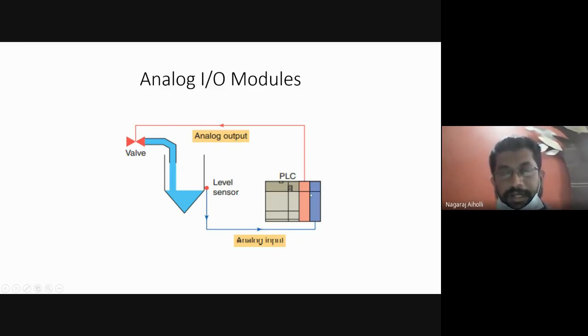Based on the ladder diagram, based on the program stored in the memory of the PLC, it will try to produce some output based on our requirement, how we have written the program and stored it in the memory of the PLC. Based on the user requirement, it is producing some output.